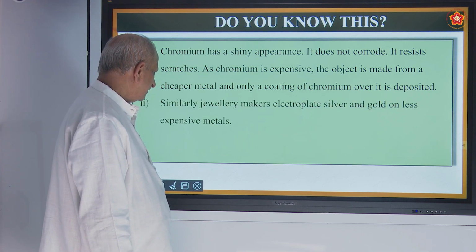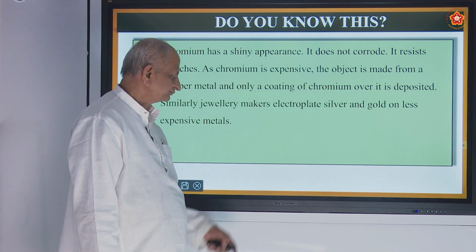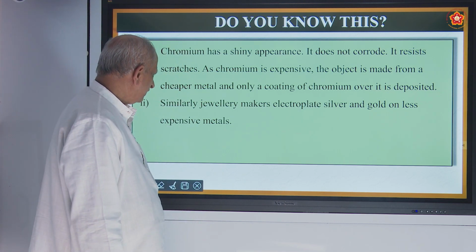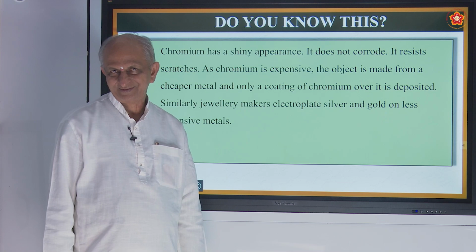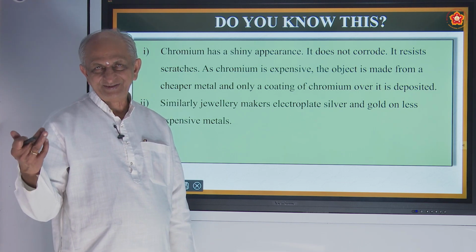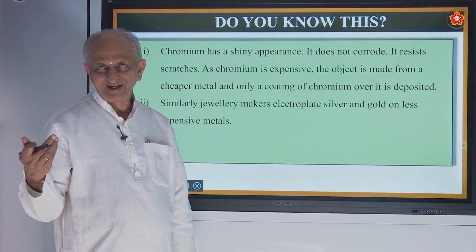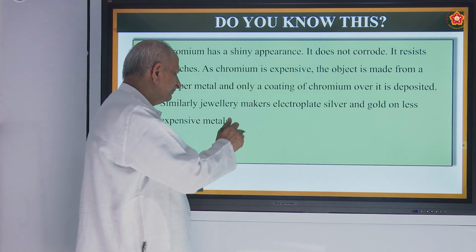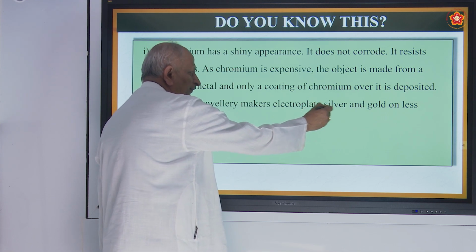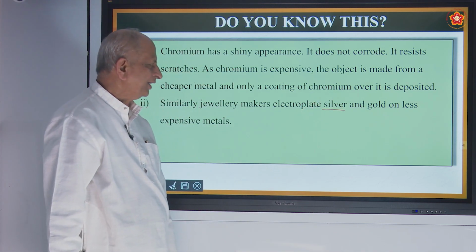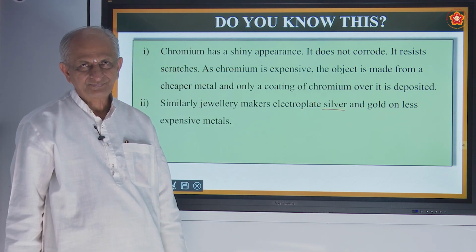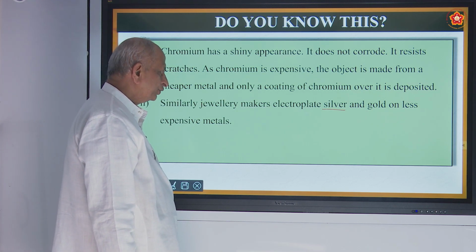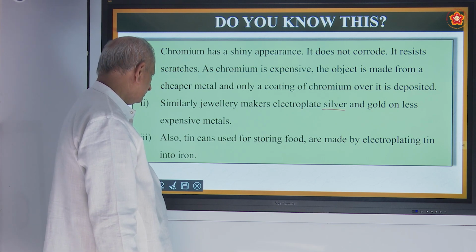Similarly, jewelry makers electroplate silver and gold on less expensive metals like zinc, nickel and so on. So cheaper metals are taken, and costly metals like silver and gold are coated by passing electric current through the respective solutions.